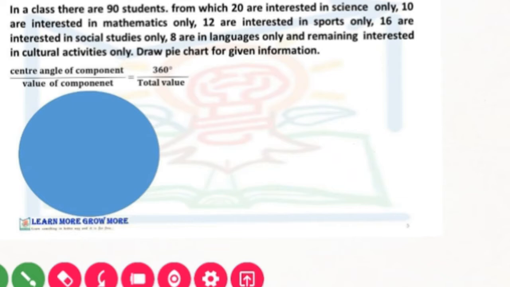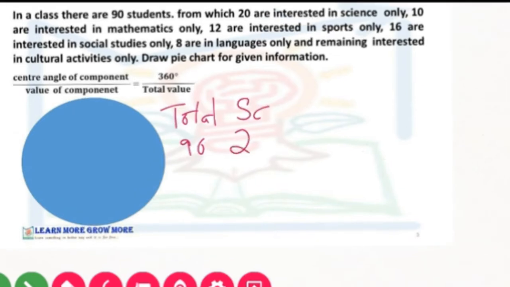First we will write down the given things here. What things are given here? Total is given. How many members are there? Total 90 members. Among these, 20 are interested in science.